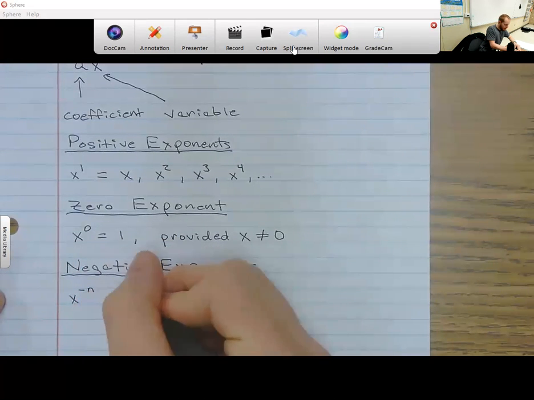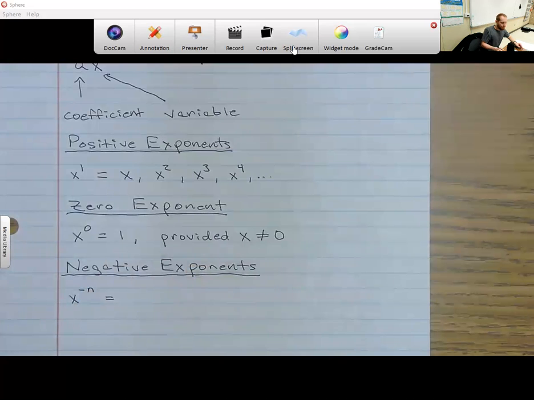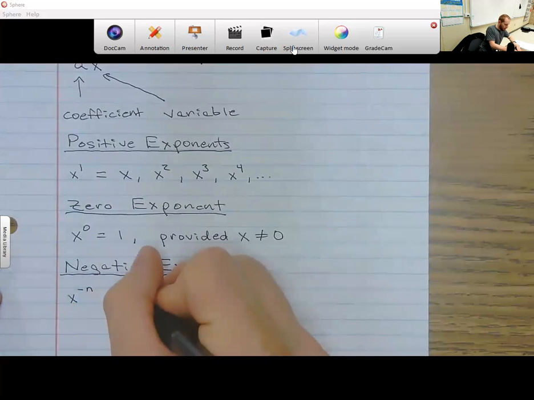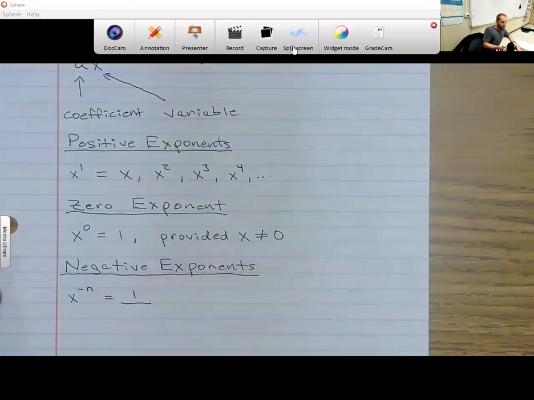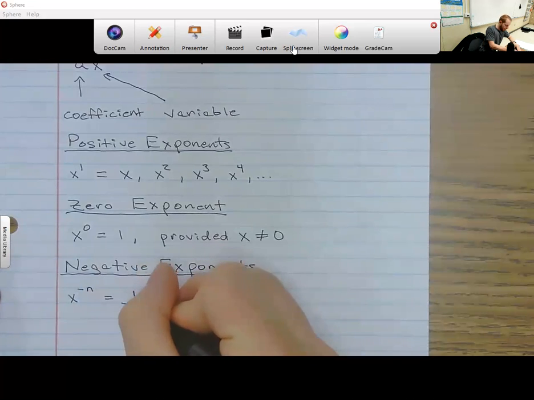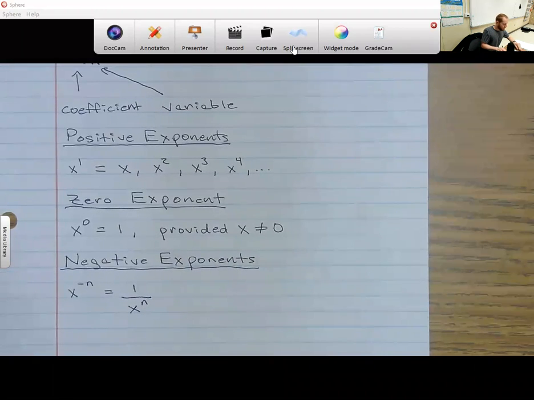Then what you're really doing is you have a fraction, where 1 is on top, and you have x to the positive number on the bottom. So 1 is always going to be on top when we do negative exponents, and at the bottom of the fraction, you're going to have a positive number instead of a negative number.